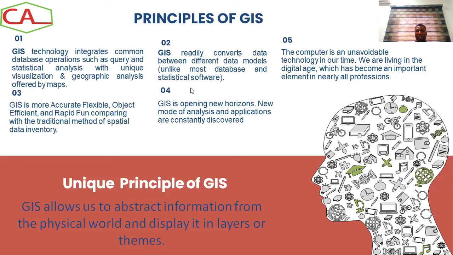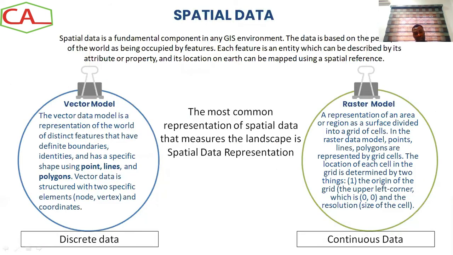Then we look at the spatial data. In GIS, two things are very, very important. Any kind of data you are bringing into GIS must have X, Y, or Z. We are supposed to be able to pinpoint in the real world that this data is coming from this particular location.